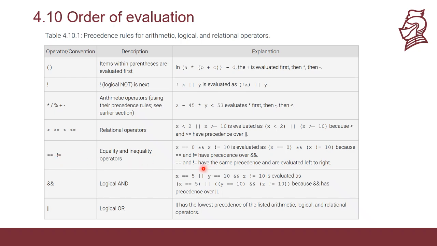And you can see how that's evaluated. So this expression is evaluated as x equals 10, followed by the inequality, and then the and. The last thing is the and. Logical and logical are last in order of precedence.